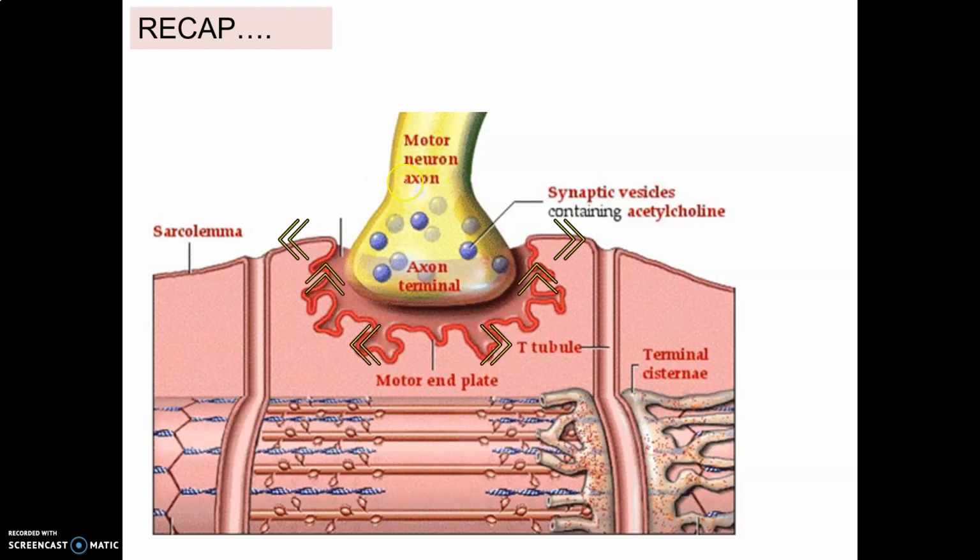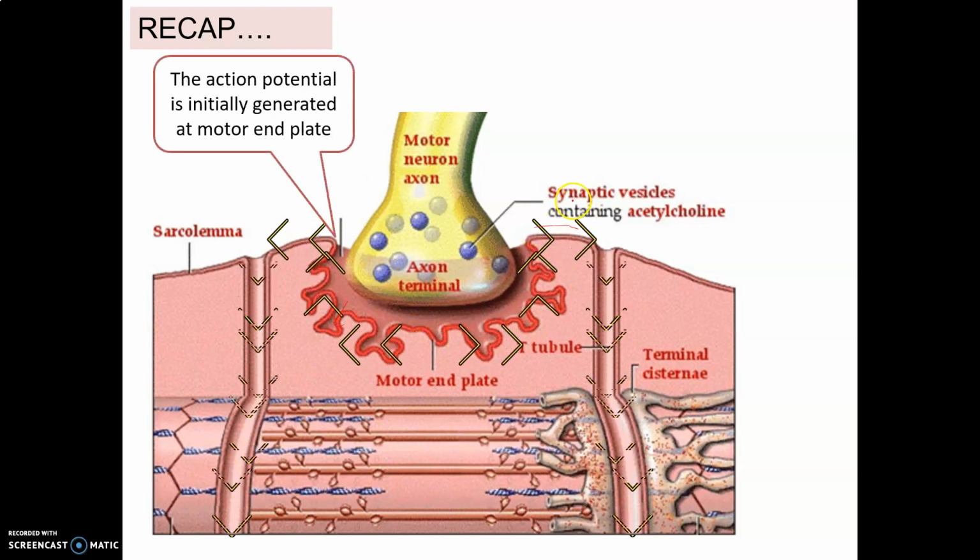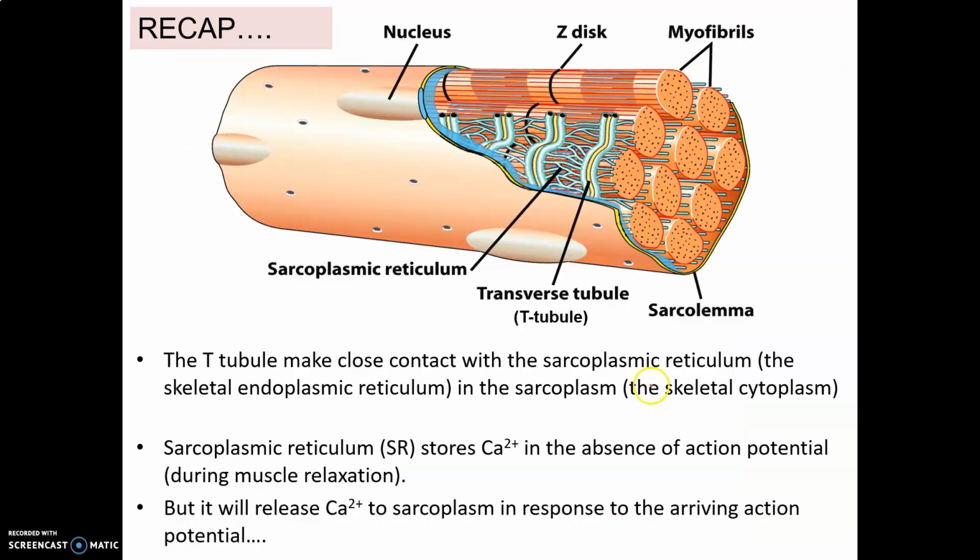So, sebelum kita go into more detail, kita recap balik. Kita kena understand in the presence of the neuromuscular junction, what happens is that impulse will be generated dekat this motor end plate, dan dia akan pass along the sarcolemma dan down to the T-tubule. Okay, down to the T-tubule, and as I said, di sebelah T-tubule akan ada sarcoplasmic reticulum.